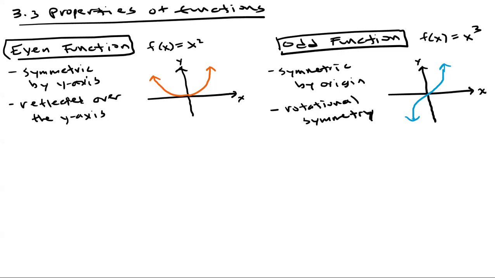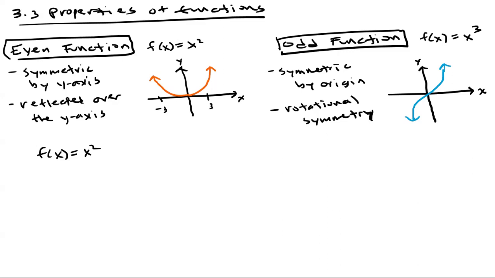Now, let's explore a little bit more about what it means to be an even function and an odd function. So if we have here f of x equals x squared, right? So f of x is equal to x squared. And if I pick, say, 2 points. So let's say I have a positive 3 and I have a negative 3.